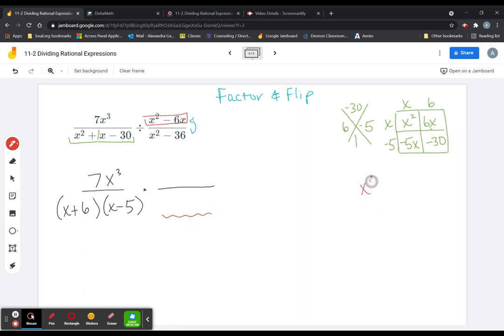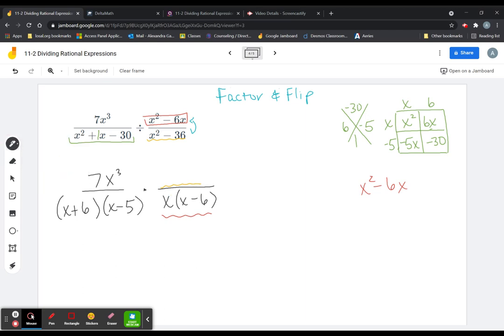So if I look at x squared minus 6x, it's 2 terms. So I check for a GCF. Looks like I will be able to take out an x. So it's x, and then x minus 6. And then I'm going to switch over, and so now this guy is going to be flipped over here and factored.